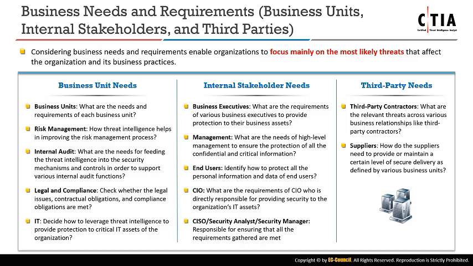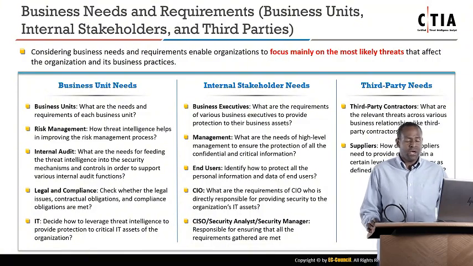Next, we look at third-party needs. What about third-party contractors? In many organizations, third-party contractors play just as big a role as management or other types of high-level employees. And very often they need to be dealt with in such a way that they get the relevant data immediately. Suppliers, how do suppliers need to be interacted with in terms of business requirements?